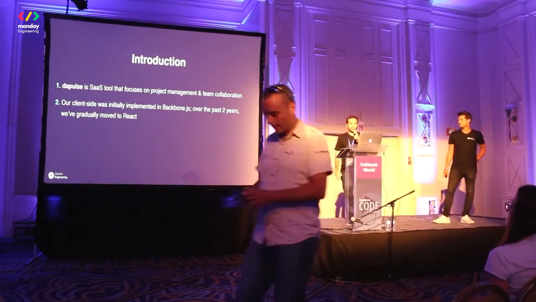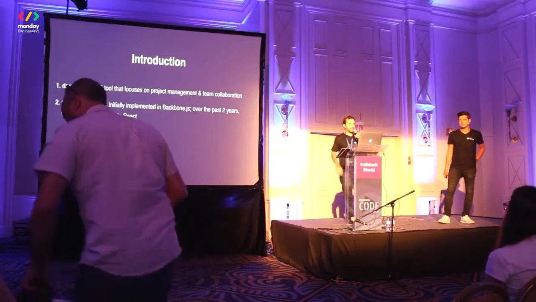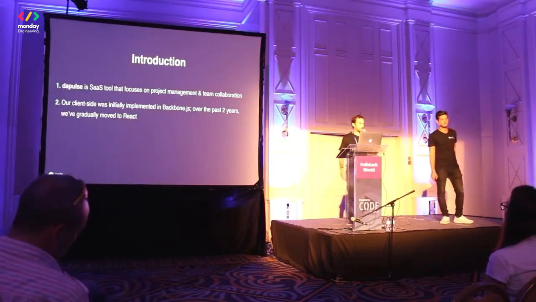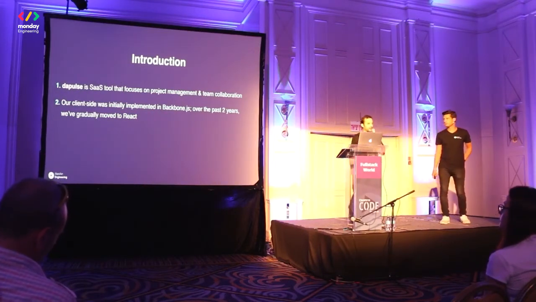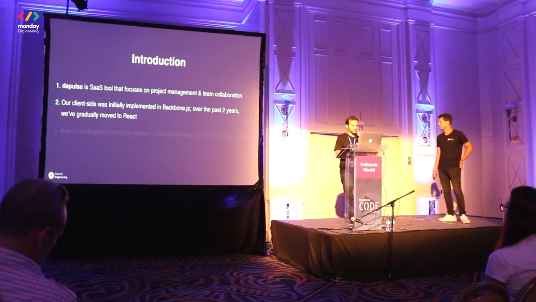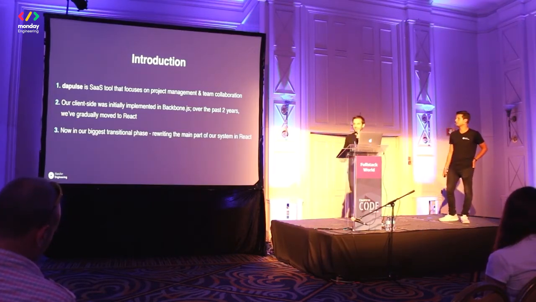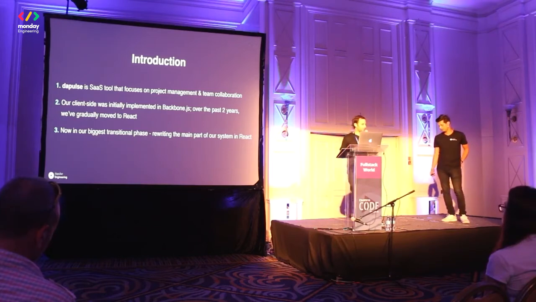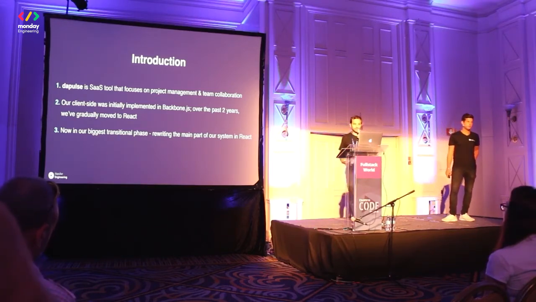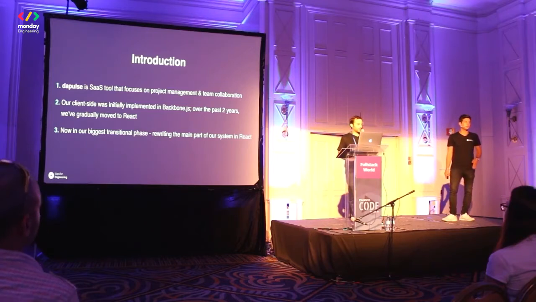We are now in a hybrid state where we have both Backbone and React running together in production. The current phase we are in is taking the biggest component of our application, which we're about to see in a few minutes, and making the transition to React as well.